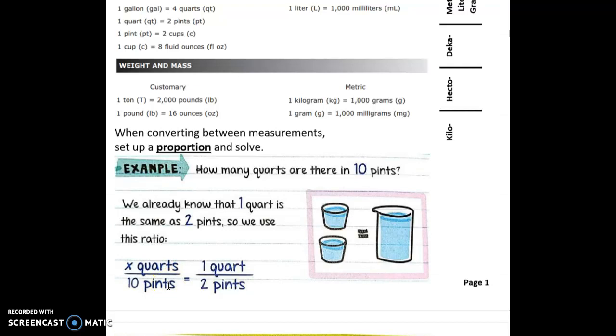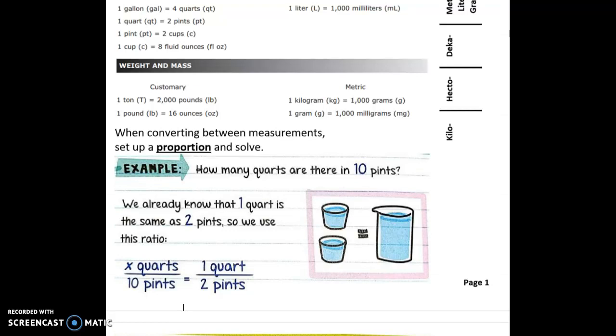Now, can we switch these two ratios? Can we put this side over here and switch these? Absolutely. Can we switch quarts and pints? Yes, as long as you do it on both sides. But since our example is given this way, we'll just leave it. The example they did wanted us to use the cross-multiply method, but we are not there yet. So we are going to use the method that we know, which is the hamburger method.